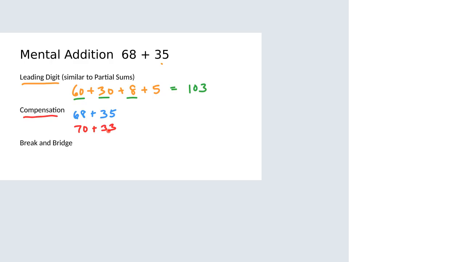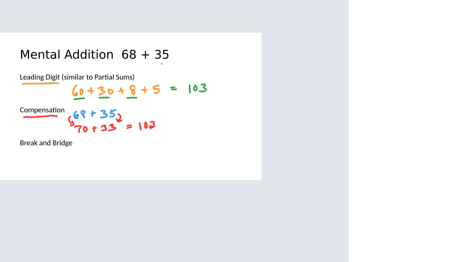So in my head, I'm turning that into 70, but to keep this thing balanced, I need to drop that by 2 and turn it into 33, and 70 plus 33 I can do in my head. That's 103. That's called compensation.